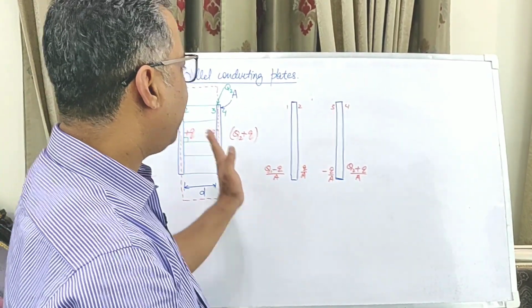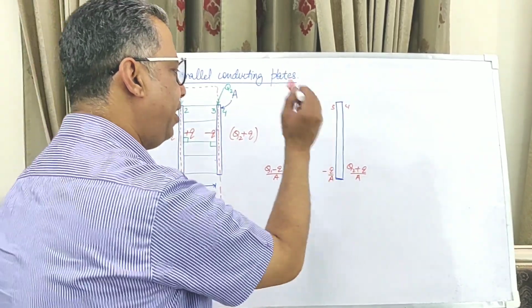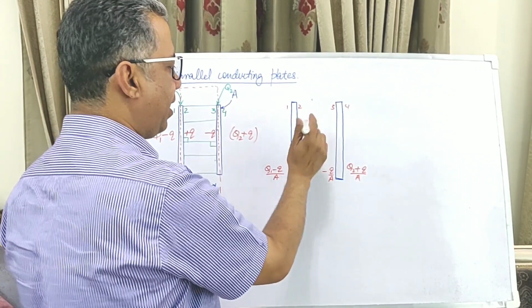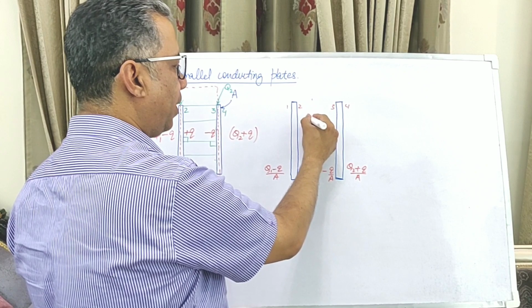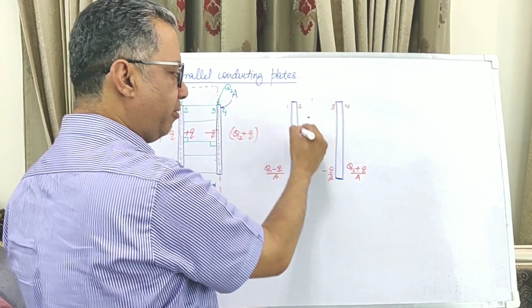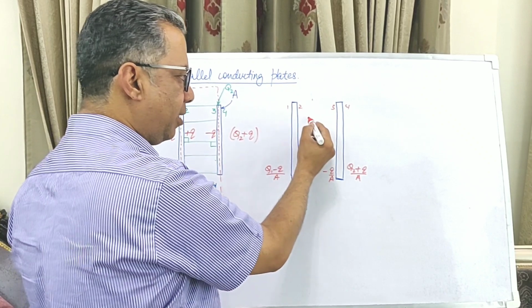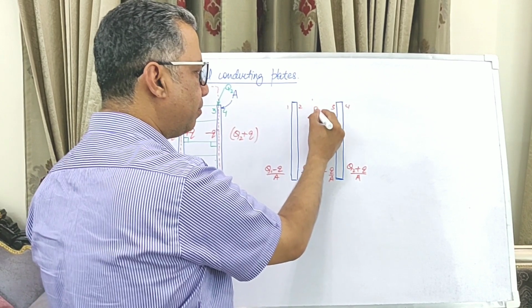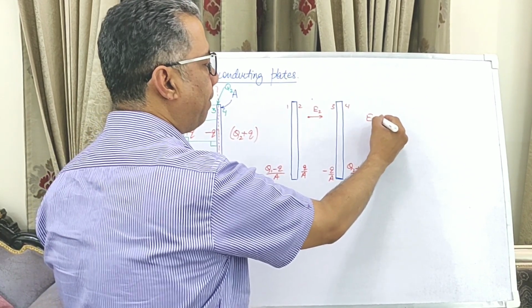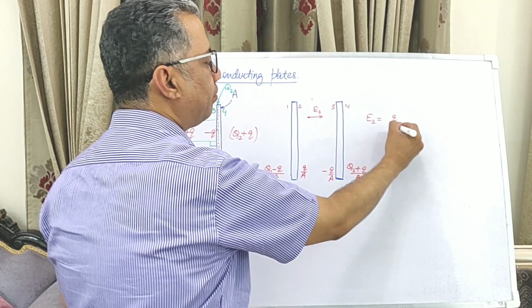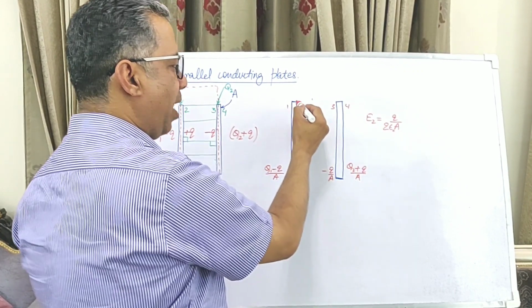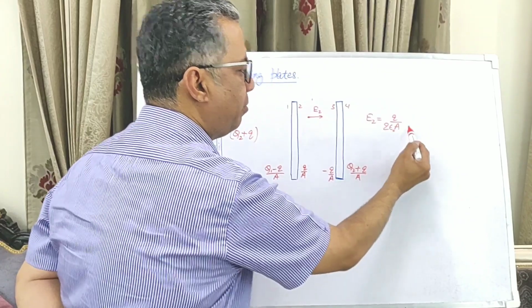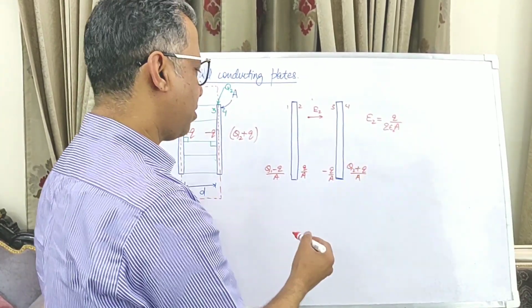So let's calculate the electric field in this region. Now at this location here, the field due to charge on surface 2, let's call it E2, will be given by sigma by 2 epsilon naught. See, what you have on this surface is a sheet of charge, and a sheet of charge produces this amount of field, sigma by 2 epsilon naught.